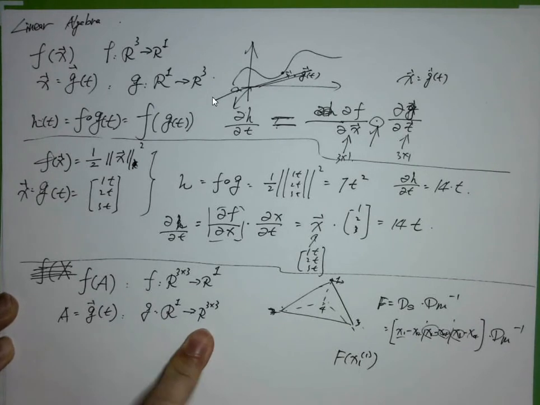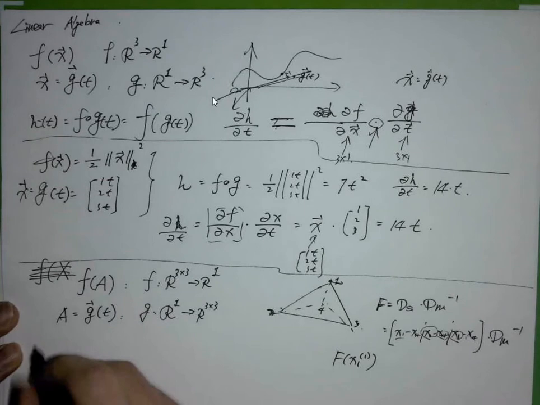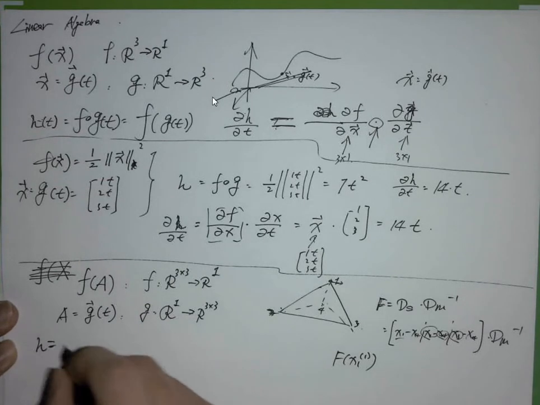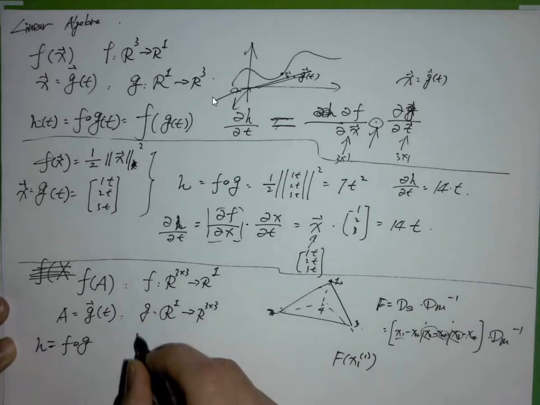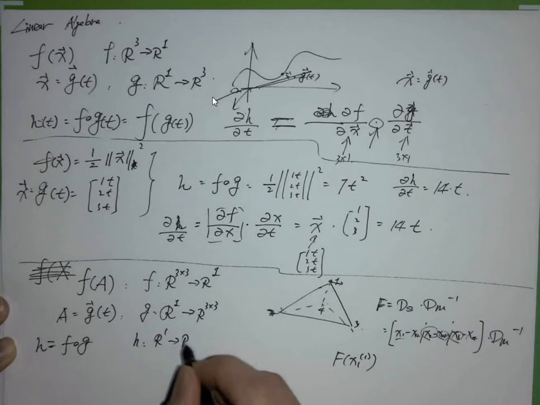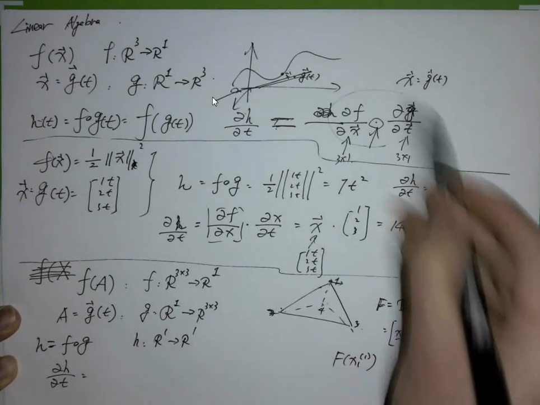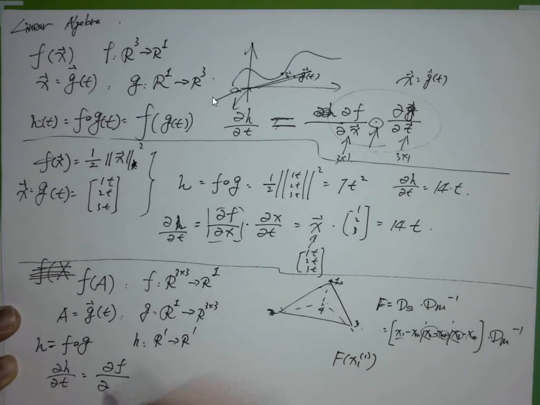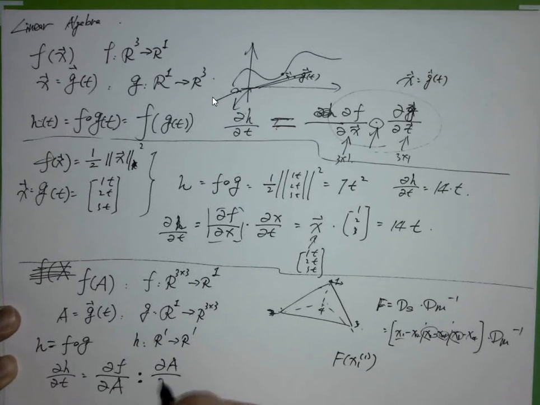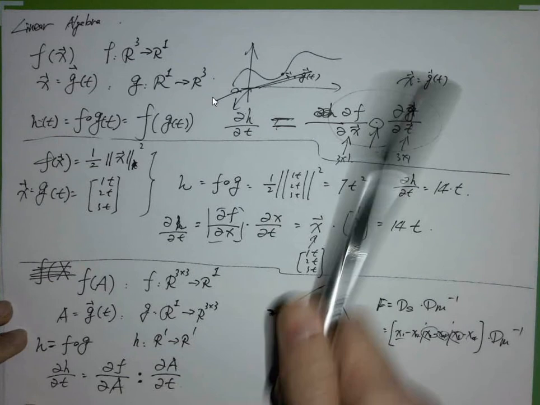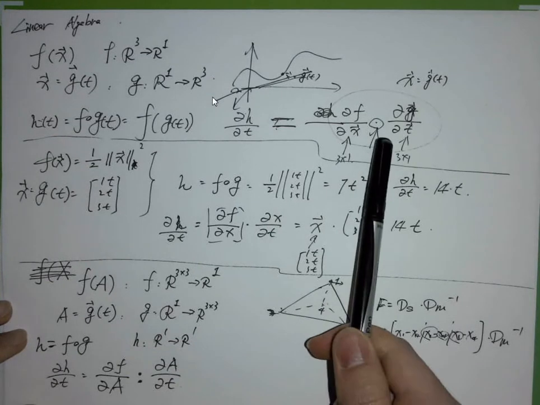Okay. And now we want to calculate another function, h, the composition between f and g. It's a scalar to scalar function. h is just an R1 to R1 function. But if we want to get dh/dt, we can use exactly the same way. We can use df/dA, double contraction dA/dt. This double contraction is nothing but just like the dot product in this 1D vector.